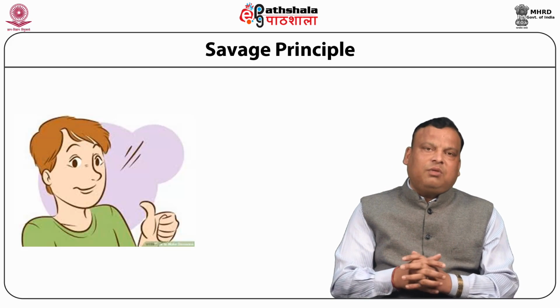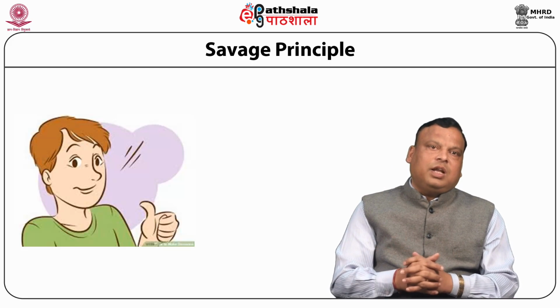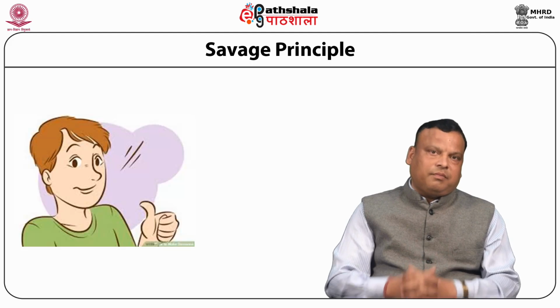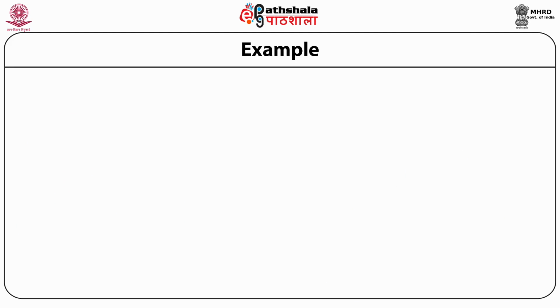So again, it is a very good approach to select the optimal strategy. What we have learned so far about the decision making under uncertainty, now I will like to explain all those things with the help of this example.